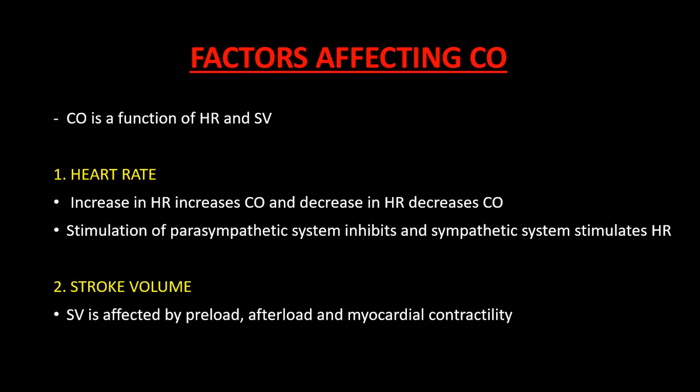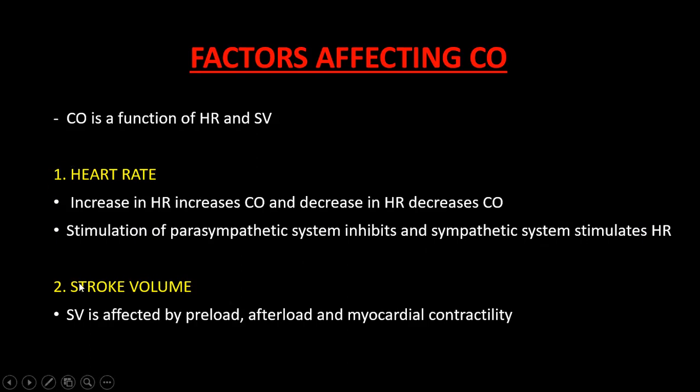Once the heart rate is inhibited, it results in reduction of cardiac output, and once the heart rate is stimulated, it increases the cardiac output. So sympathetic stimulation increases cardiac output, and stimulation of parasympathetic fibers reduces cardiac output. That is how heart rate affects cardiac output.